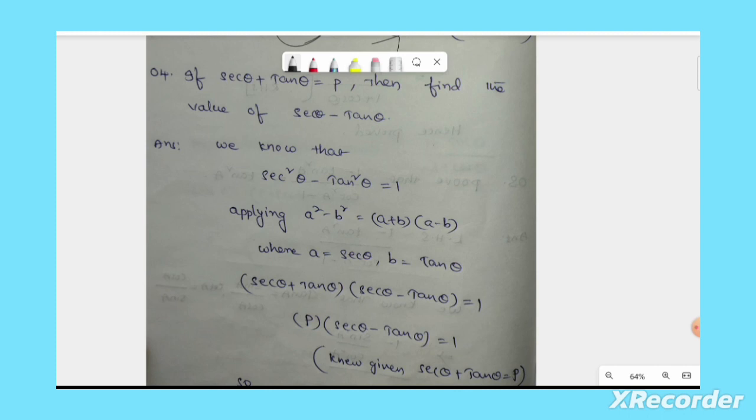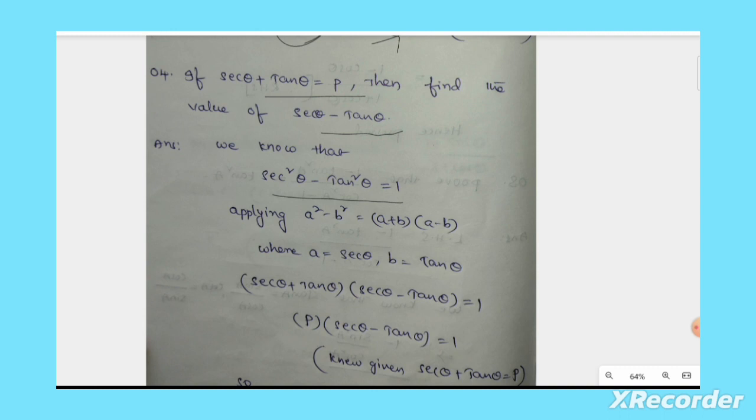Before directly taking the values and finding the answer, we can try to remember one formula, that is secant square theta minus tan square theta equals 1. And we know our basic formula, which we are already using for the earlier two problems, that is a square minus b square equals (a plus b) into (a minus b).